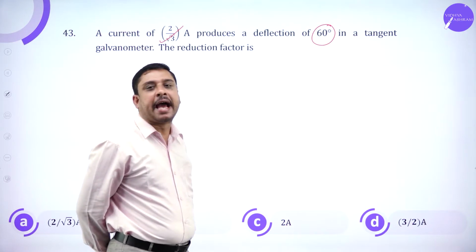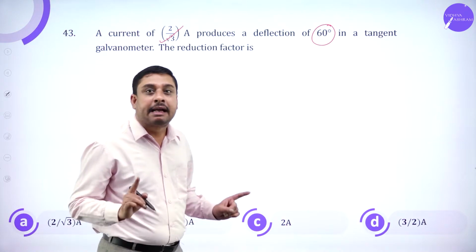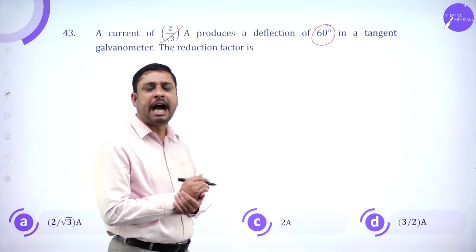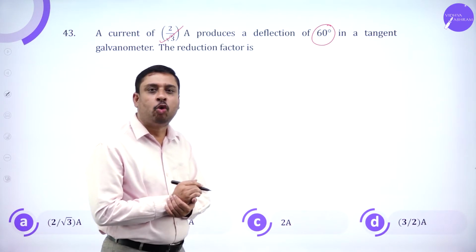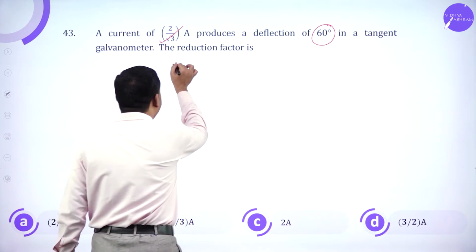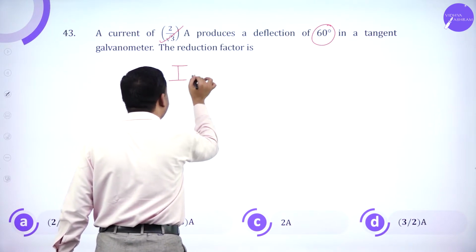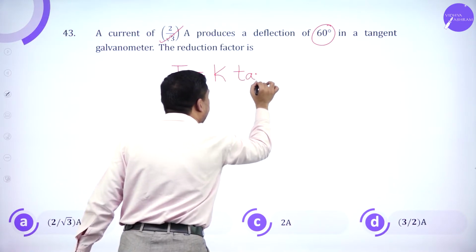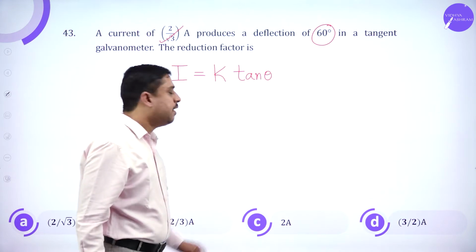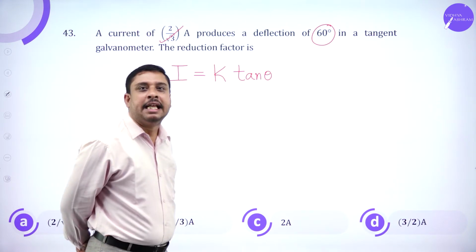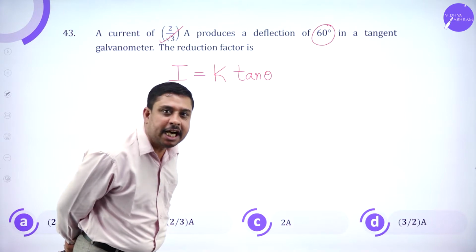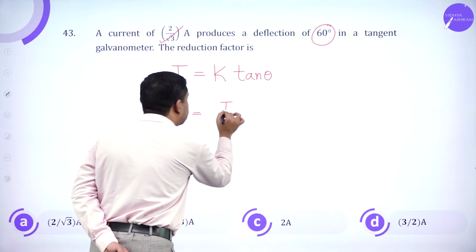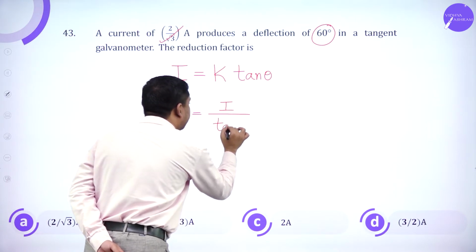The reduction factor is? Current flowing through a tangent galvanometer is given by I equals K tan theta, where K is called the reduction factor of the TG, from which K equals I by tan theta.